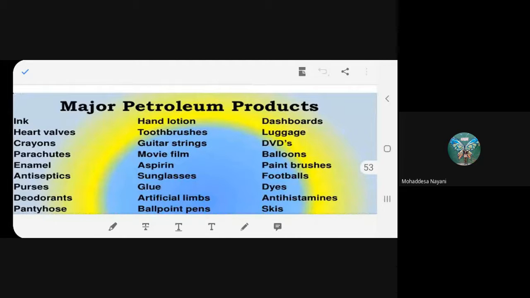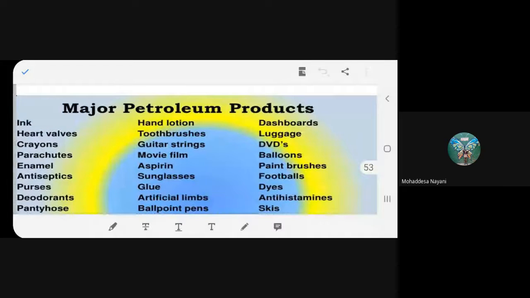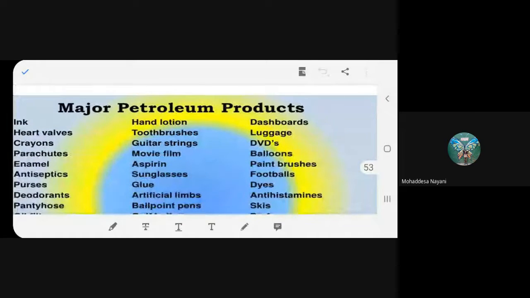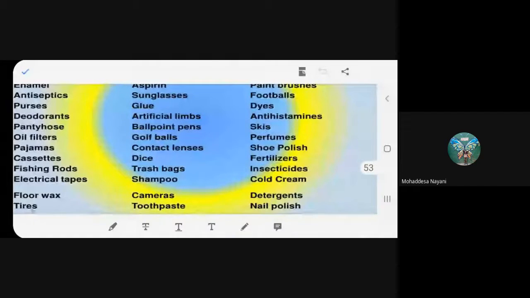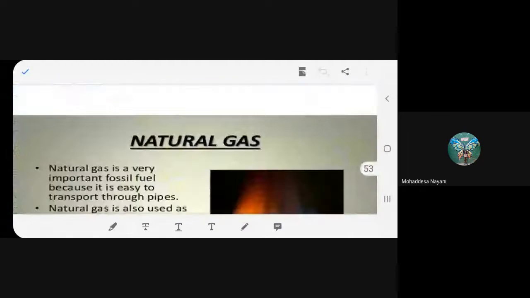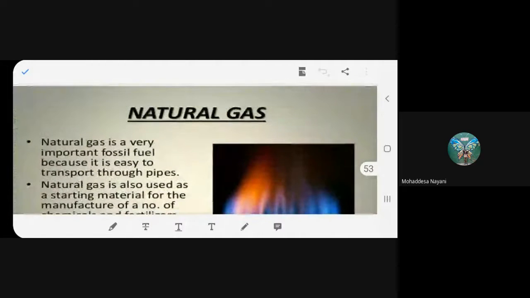Even balloons is a type of plastic, which is rubber and plastic, remember that. Everything we are getting from petroleum. Name it and it is made of petroleum. We did not know about it, isn't it? In some way or the other, it is involved. Now we have finished petroleum.